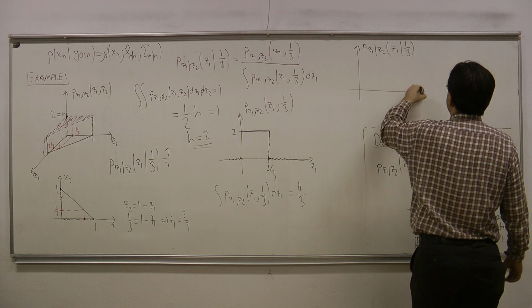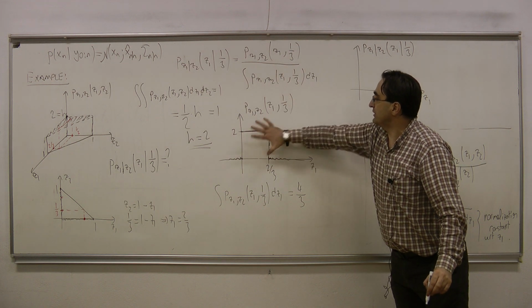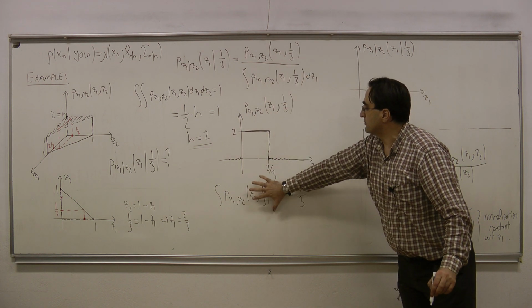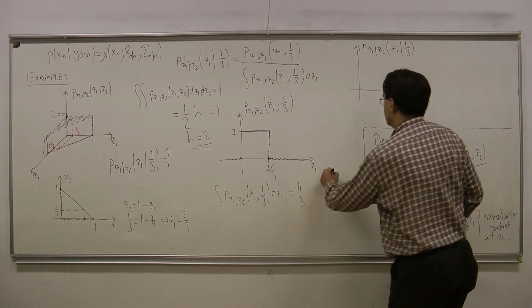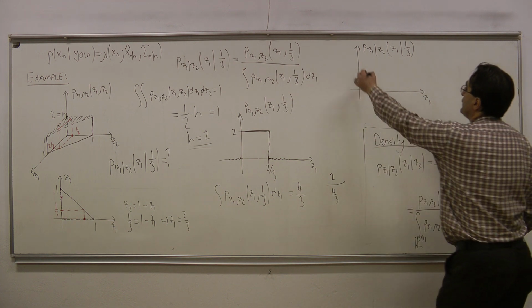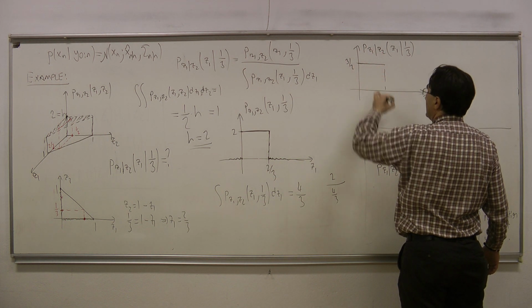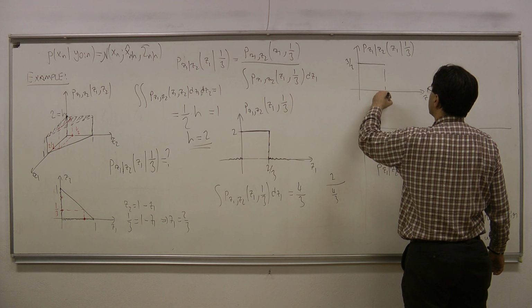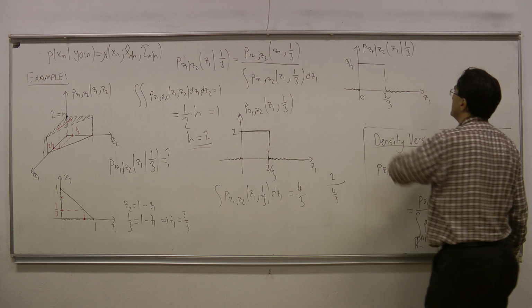Now this has to be a density function. I divide this function by its integral with respect to Z1, which is 4 over 3. Then 2 over 4 over 3 gives me 3 over 2. So I have 3 over 2 on the interval of length 2 over 3, and 0 everywhere else.